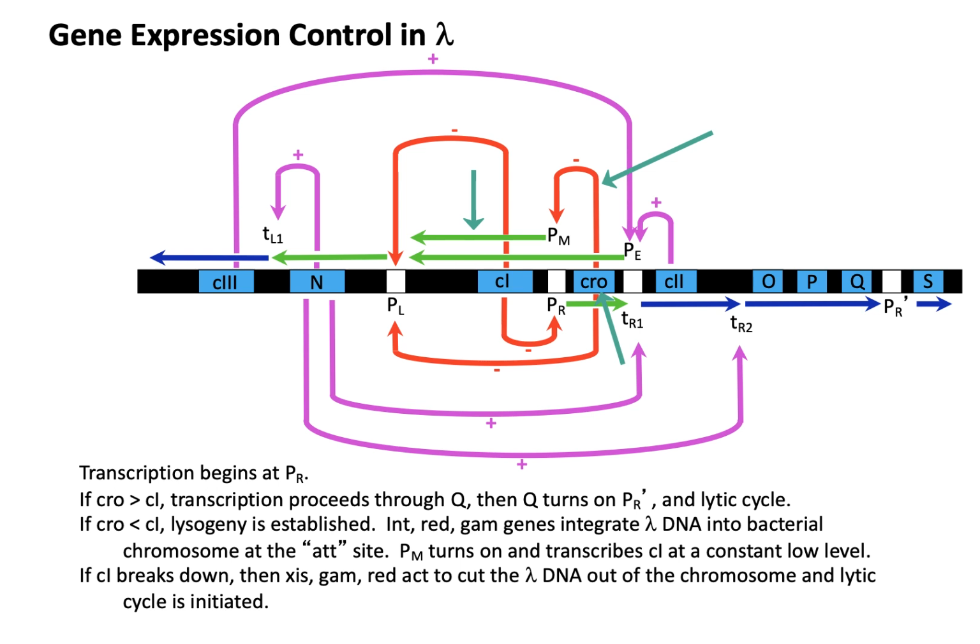And you can see that if you have CRO, it will inhibit leftward transcription. And if you make C1, it will inhibit the transcription to the right at the PR promoter. Past that, you have CRO also affecting promoter PL, C1 affecting PL in a slightly different way.